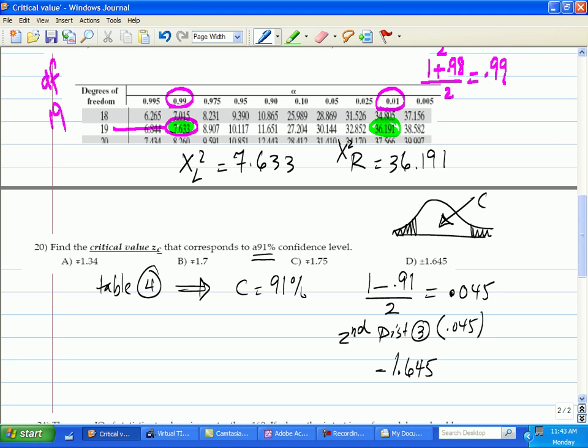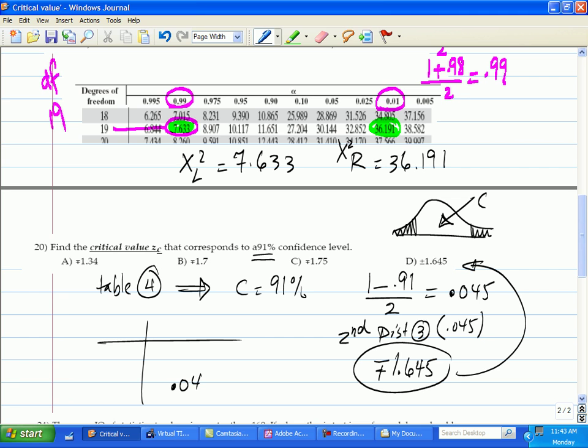Since it's a two-tail, we should put a plus or minus, and that would be letter D. Now if you're using the table, then you want to look over here for 0.045 and then look for the z or the closest z to this answer, and that should give you again plus or minus 1.645.